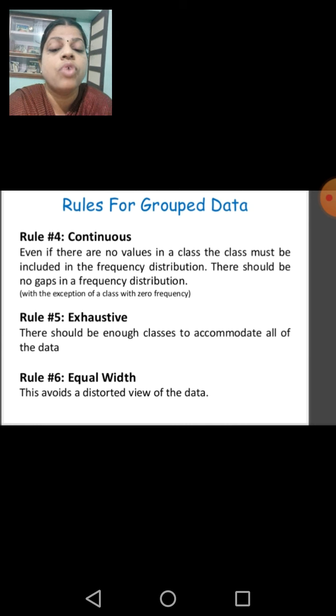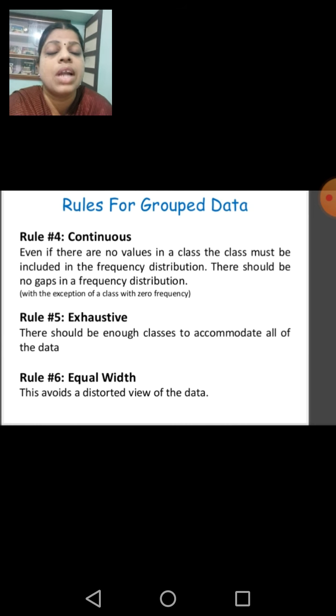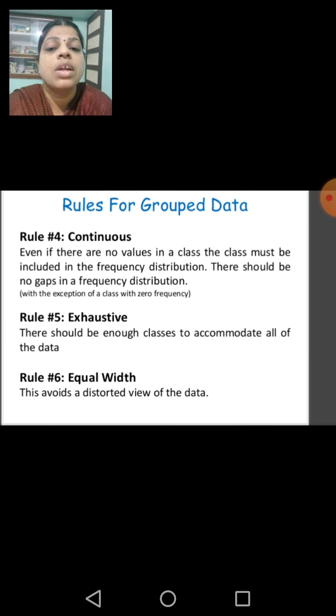And what is given in rule number 4 means, if the value, for example 12, is not there, but we have to form a class, yes, 11 to 20. Understood? So even if the values are not there, we cannot skip the particular class interval. We cannot jump from one class to the next class.